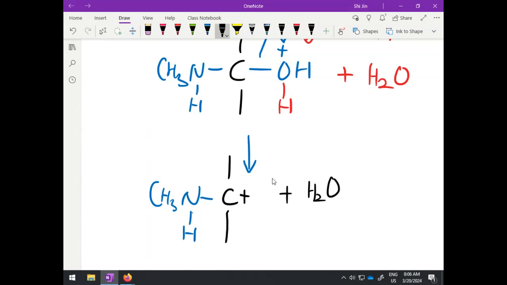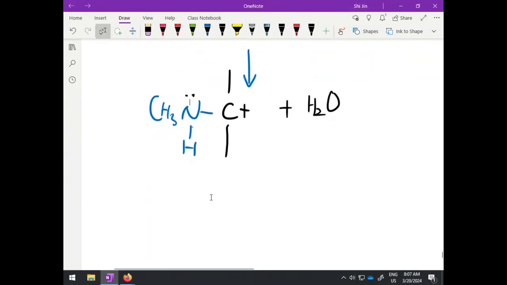But this carbocation is no conventional carbocation. Note that this positively charged carbon is next to a lone pair bearing nitrogen atom, and this nitrogen atom has extraordinary ability to stabilize the positive charge by donating electrons here.